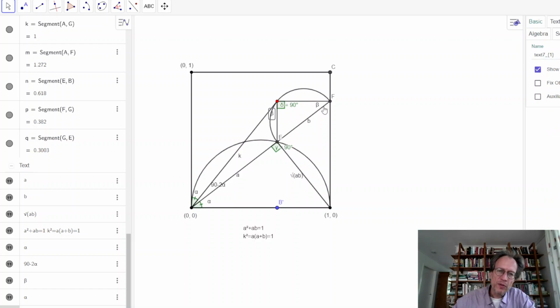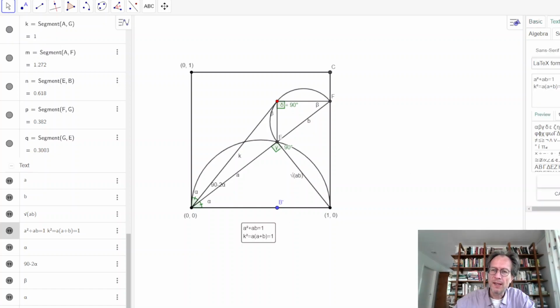We can use that: if you look in this triangle from the origin to the point F to the tangency point, and you add up all those angles, 90 minus 2 alpha, beta, 90 plus beta, and equate that to 180, you will find that alpha exactly equals beta. So let's put that over here: alpha equals beta.